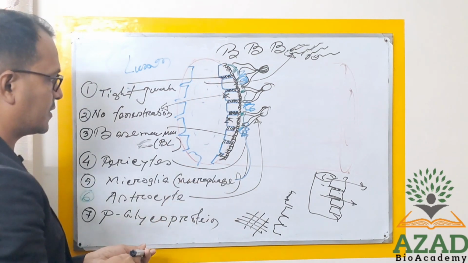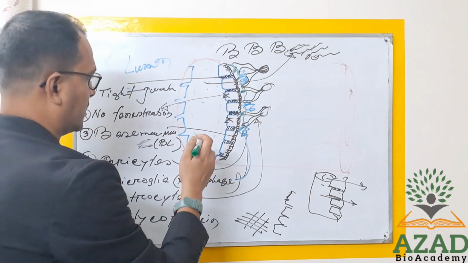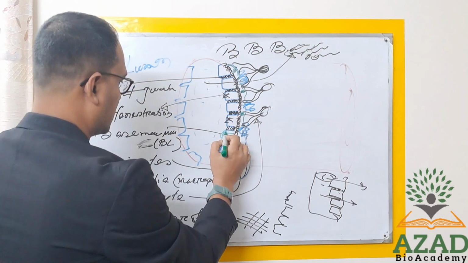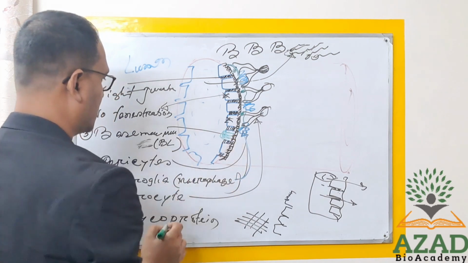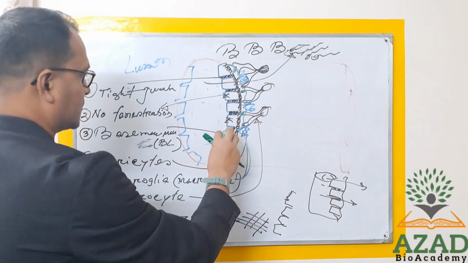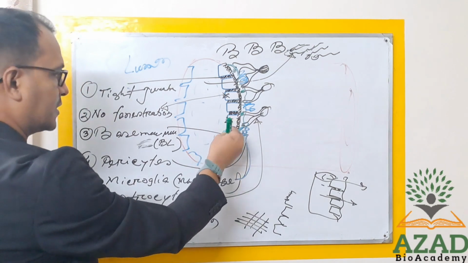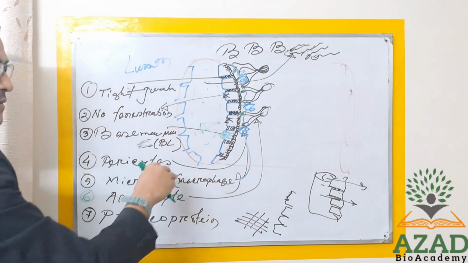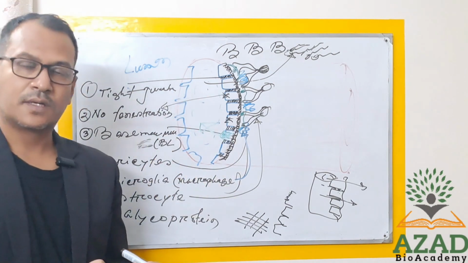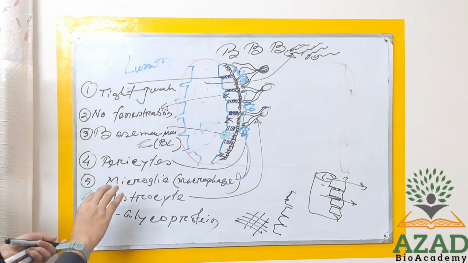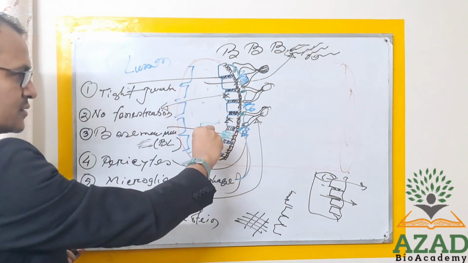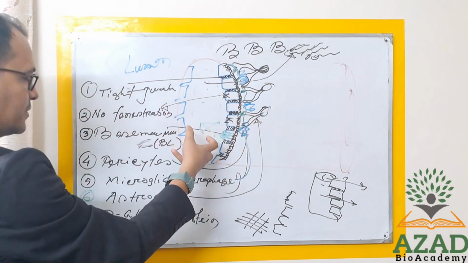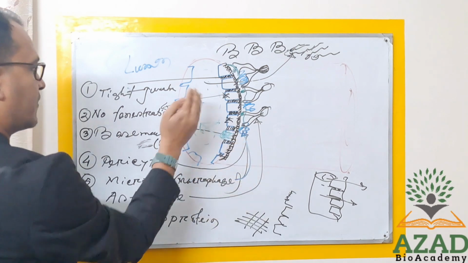You can think of a special type of transporter present there that will efflux the unwanted substances from here to the lumen. When any endotoxins or microorganisms or unwanted substances come here, it will capture them and efflux them.